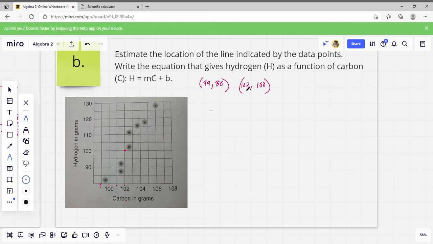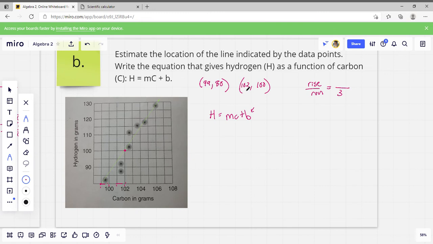Okay, so I'm going to use h equals mc plus b. Okay, so b is my one that I'm going to have to find. M is the slope, so that's going to be rise over run. Okay, so I went from here to there. My run would be 1, 2, 3.